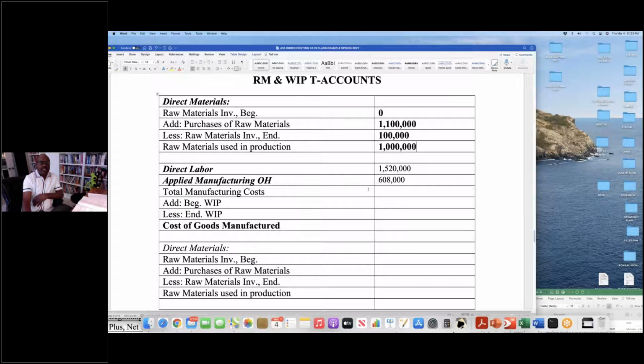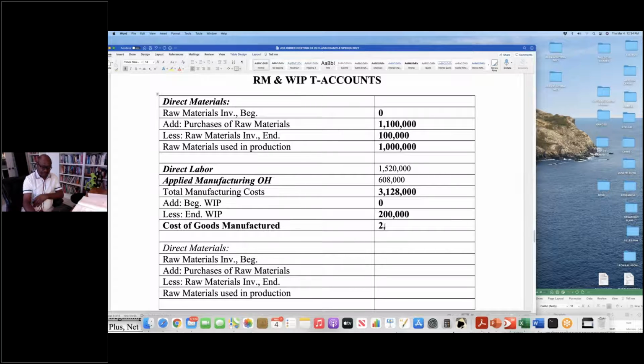So the total manufacturing cost was how much? 3,128,000. We didn't have any beginning work in process. Ending? 200,000. What's the cost of goods manufactured? That would be 2,928,000.